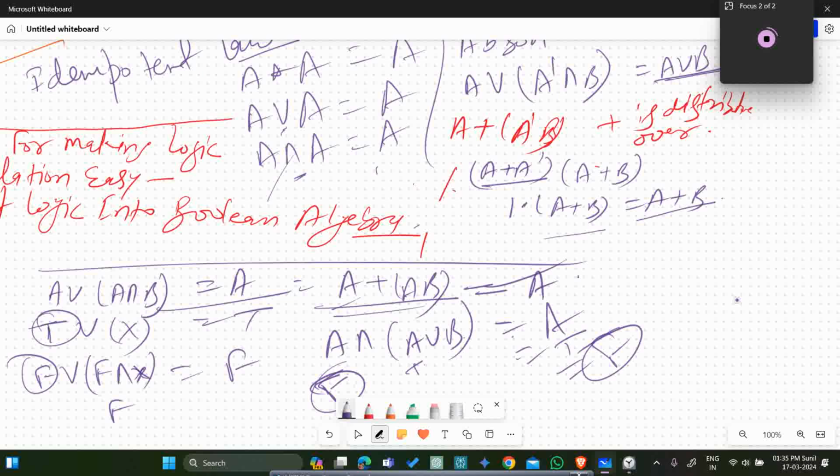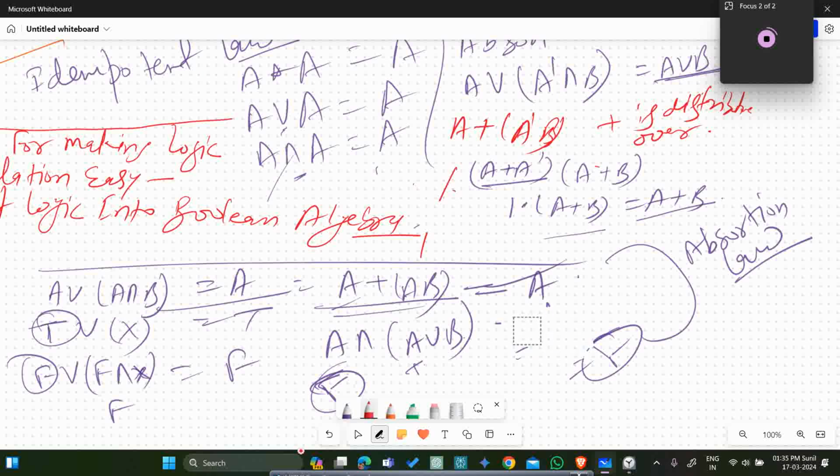These are very important laws. I hope you understand these absorption laws. Let me write them cleanly.